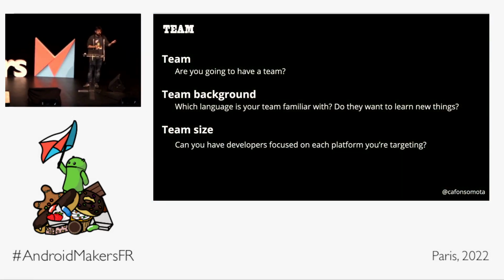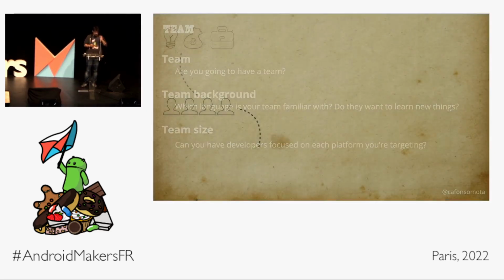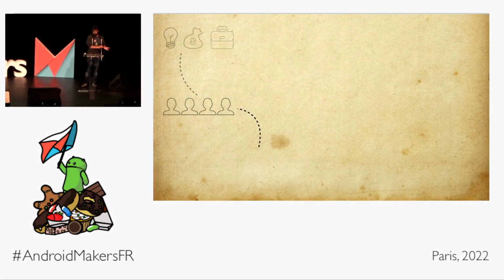Another important thing is the team background. Is your team native? Do you have an Android developer, an iOS developer, or are there people from web who need to adapt to a cross-platform solution? Also important is the project itself. Now I'm just going to show Android here, but we could target a lot of platforms.